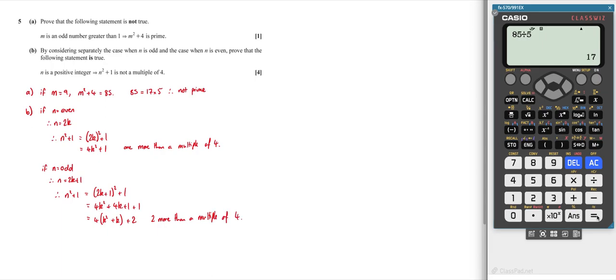So this proves that, always put that concluding statement in. This proves that if n is a positive integer, n squared plus 1 is not a multiple of 4. Job done.